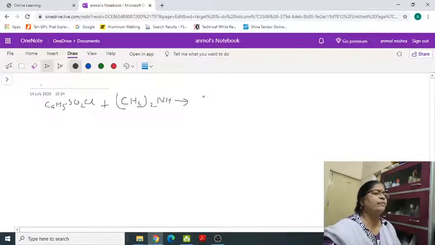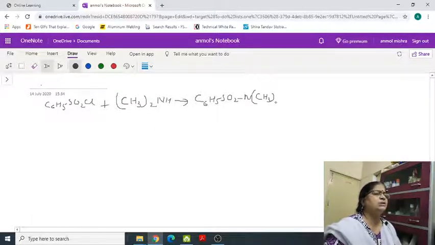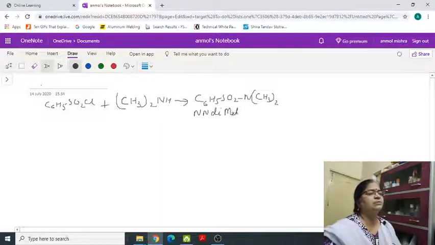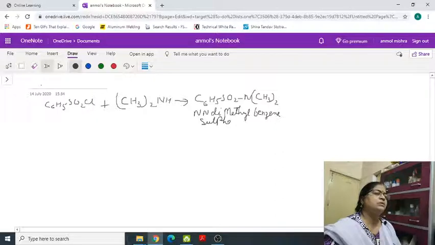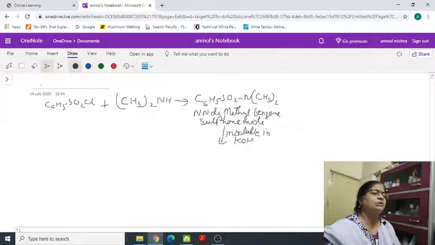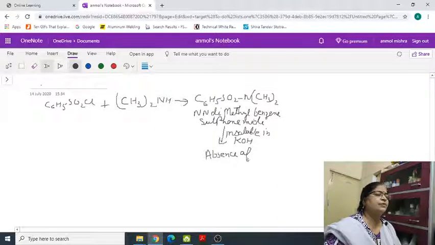So it forms C6H5SO2N(CH3)2. It is called N,N-dimethyl benzene sulfonamide, insoluble in KOH because of the absence of acidic hydrogen.